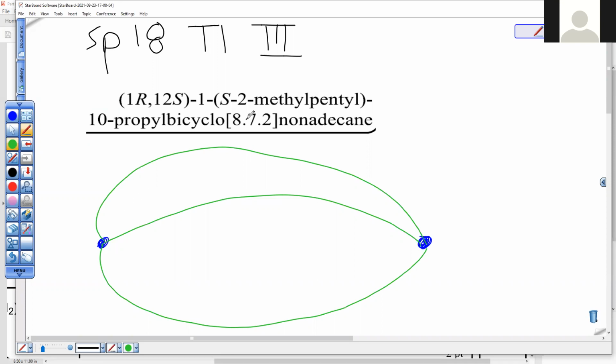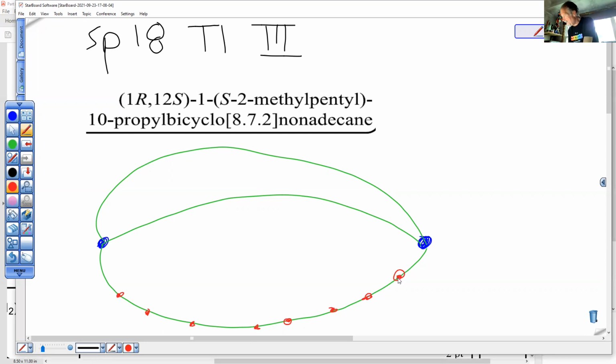And now the specific bicyclo question, I need 8 more carbons between the dots on one of these green things. I'll put those in red. They're not bridgehead dots, they're extra carbons, they're bridges. There's 1, 2, 3, 4, 5, 6, 7, 8.